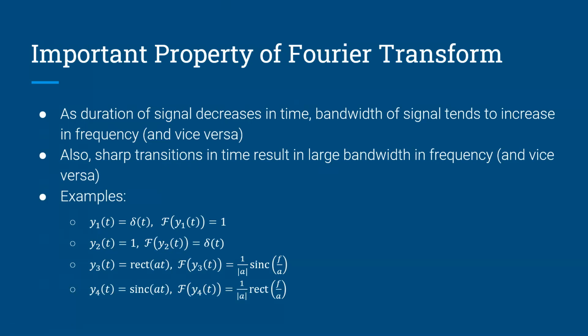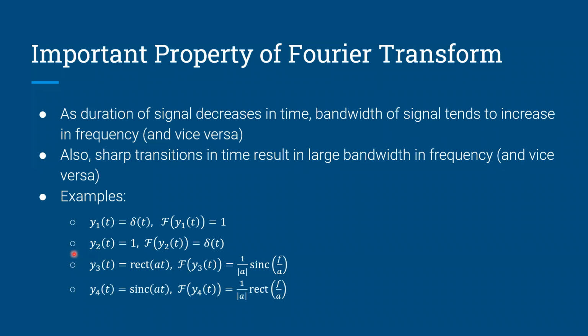So in the extreme case, here I have, let me get out the pointer. In the extreme case, I have y1 here equal to a delta function, and the Fourier transform of that is just 1. And maybe if you're used to a different form of the Fourier transform, there'd be a normalization constant there, but this is the one I'm using.